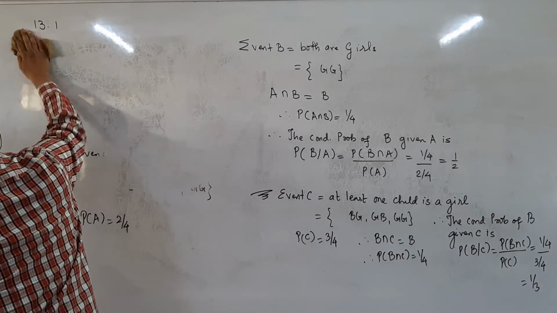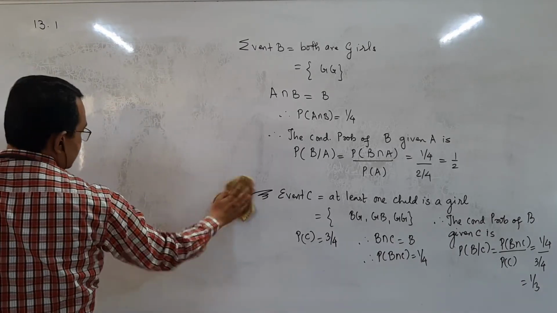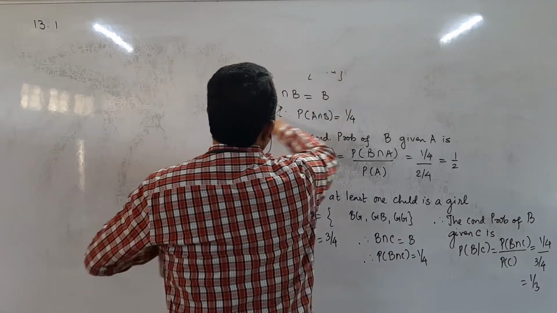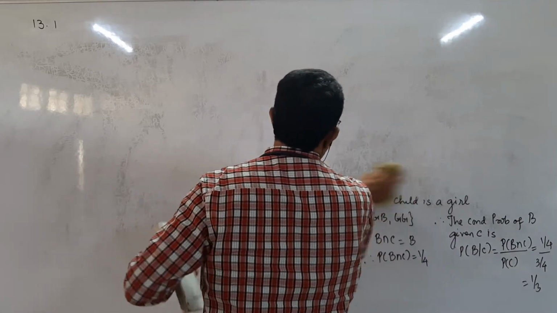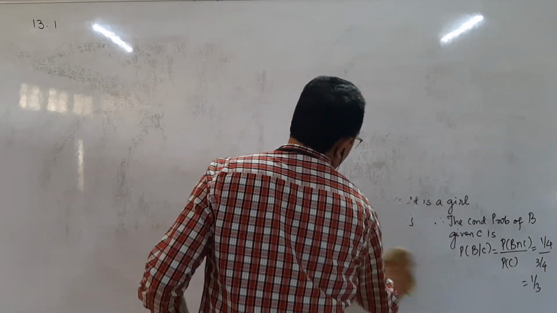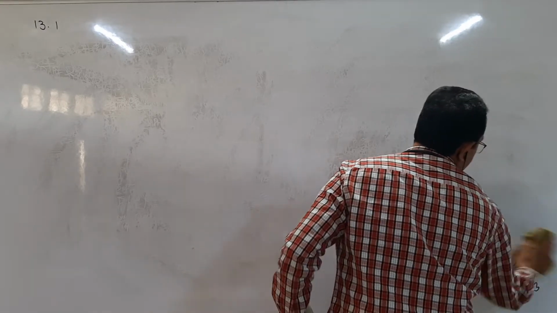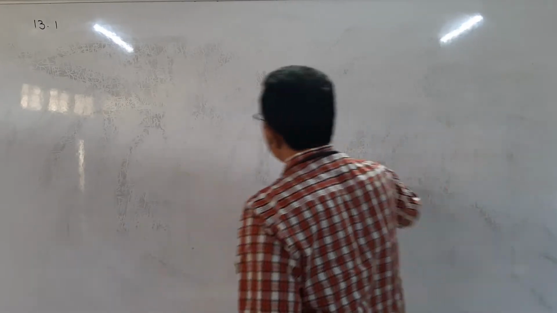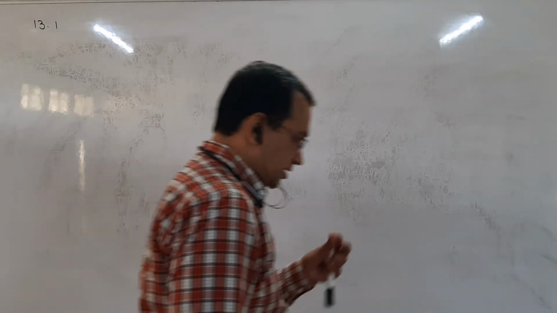The moment, students, you deviate from standard steps, you will not get full marks in subjective part. So, students, you have to be very careful and very cautious in understanding and writing the corresponding steps.